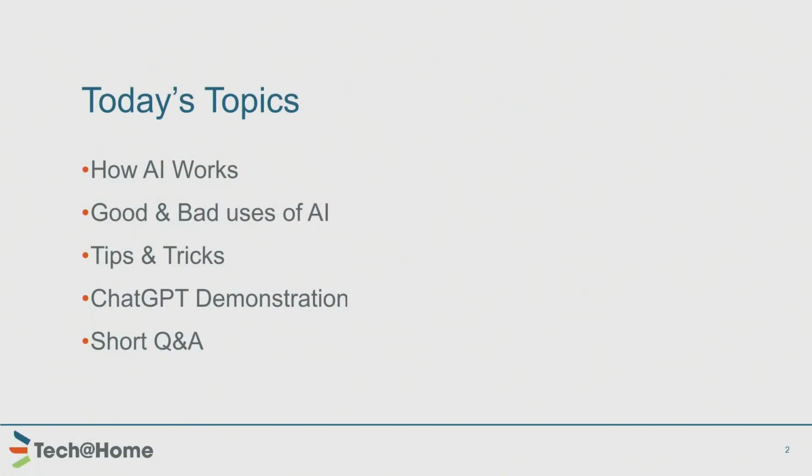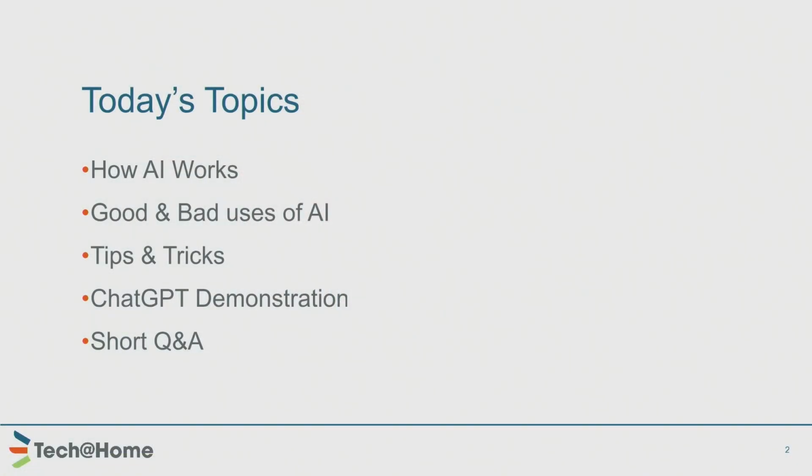Okay. So a little bit about what we're going to go over today, and thank you all for coming out this morning. A little bit about how AI works, how it's created, and what the general purpose of artificial intelligence is supposed to be. We'll talk about some of the good and bad uses of AI, especially in today's modern era.